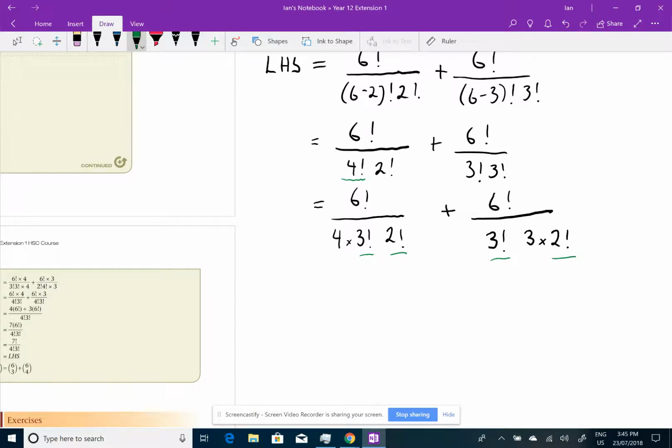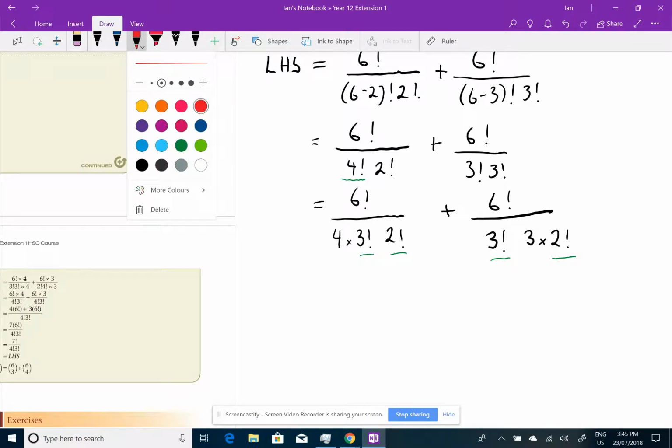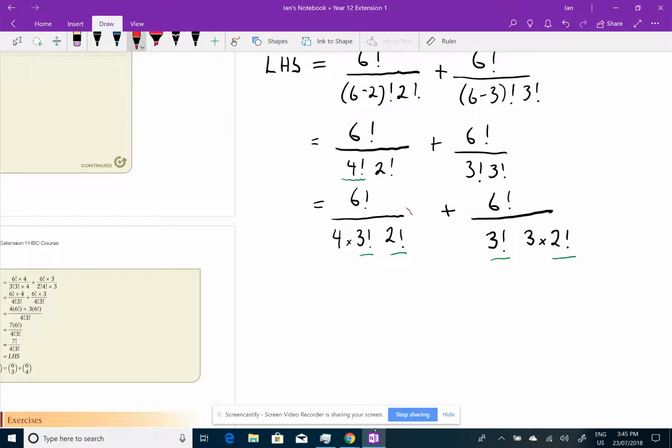So to make these completely the same, what I'm going to do is multiply both of these by a single number. So here, I'm going to multiply by this 3 over here. So I'm going to times that by 3. And here, I'm going to multiply this one by 4. And that's going to give me a common denominator.